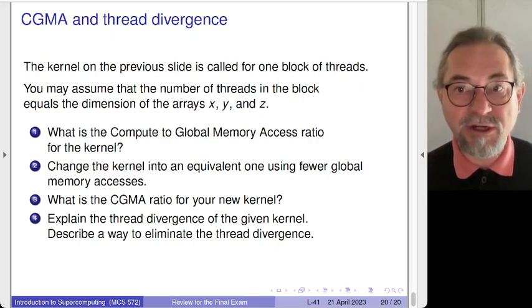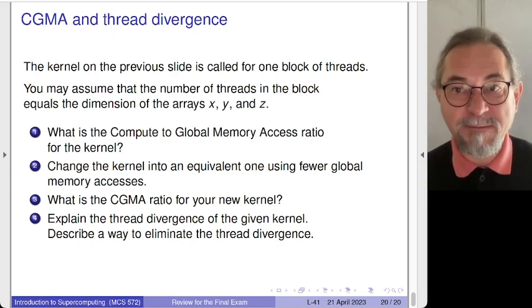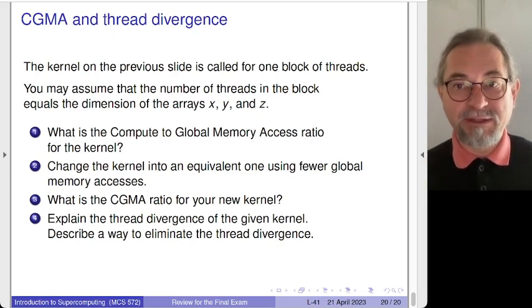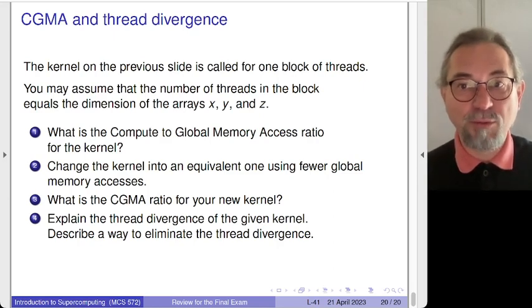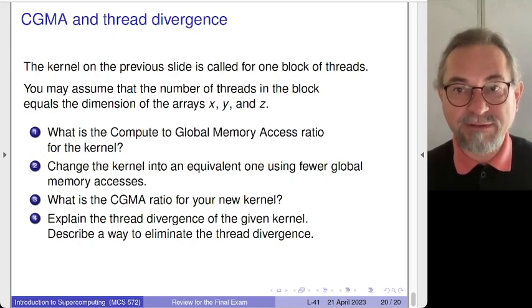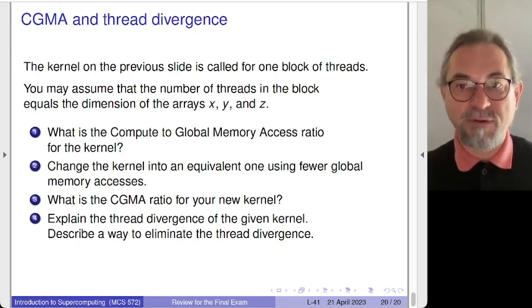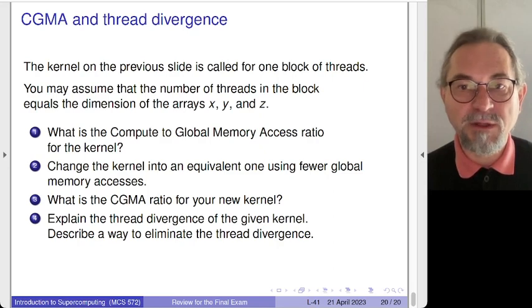What you essentially are doing, every thread is updating the kth element in the output and writing it back into global memory. So the kth thread will do a number of computations proportional to k, 2k, but you have 3k memory accesses, so it will be 2/3 as your compute to global memory access ratio.